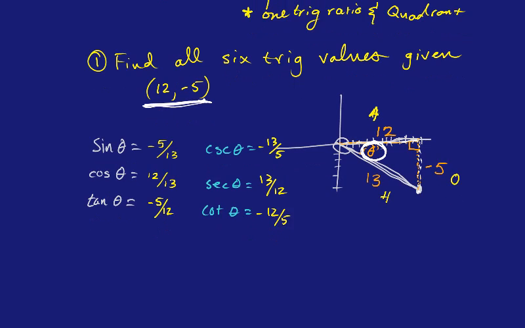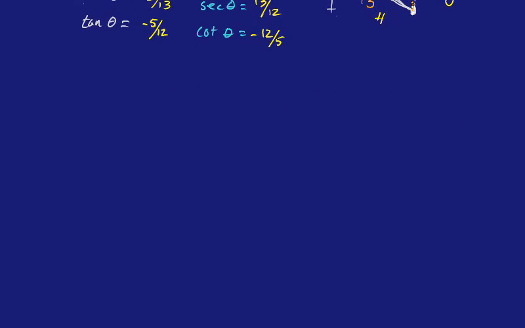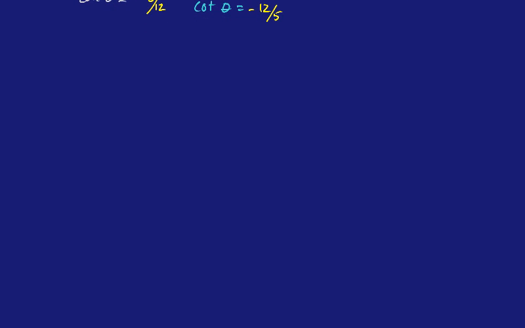Alright, another kind of example that you might see, and it's kind of rooted in this, is you might see the second example being, say somebody tells you that the cosine of theta equals negative 4/5, and let's say the, I don't know, cotangent of theta is less than 0.